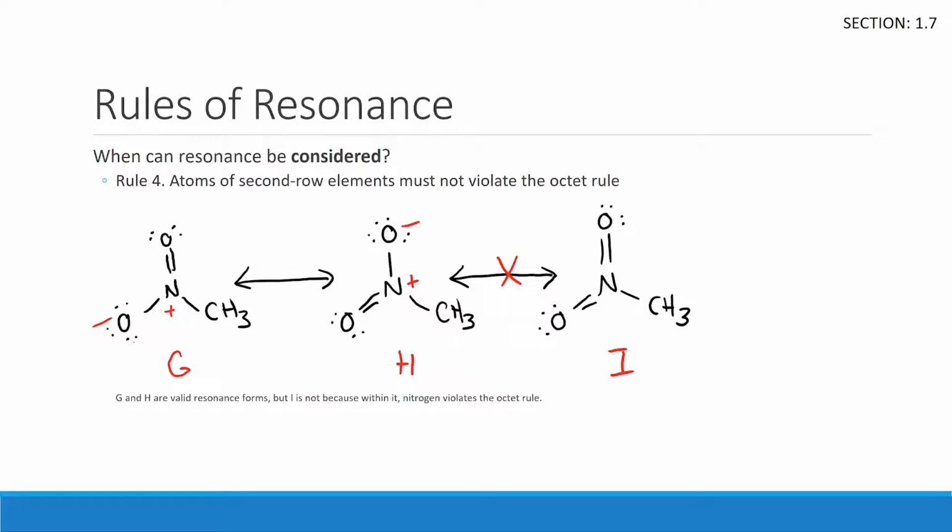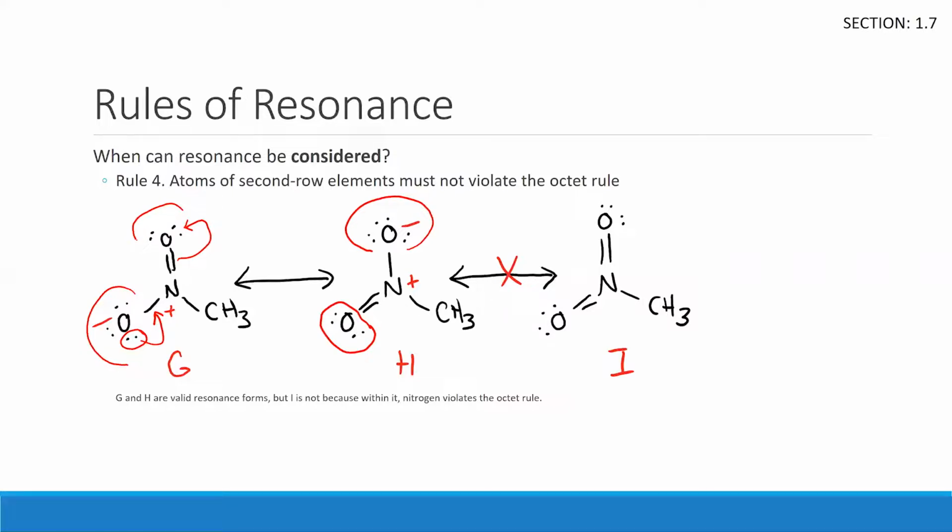This is moving from this oxygen. We're taking our lone pair and moving them to form a double bond here. And then these electrons are moving up into this oxygen. I know that because if we look at our lone pair number here, you can see there are 2 here and 3 here. And this oxygen has 3 and started with 2. So again, here's the resonance structure between G and H, moving of electrons.